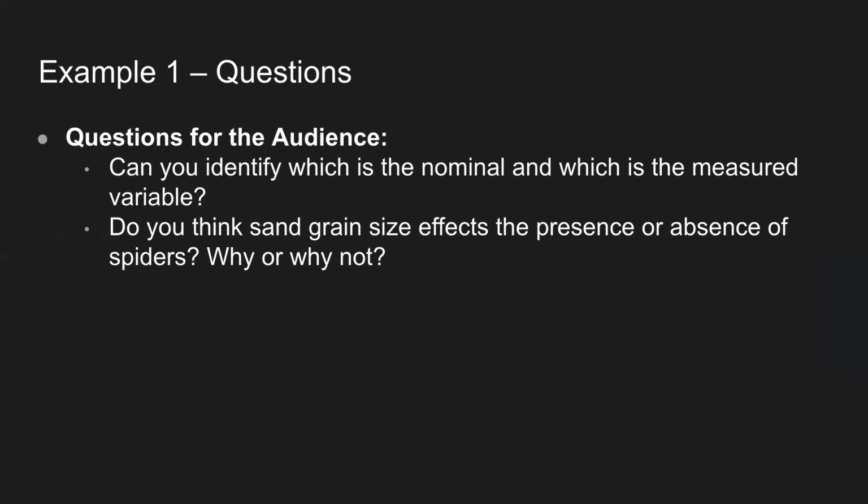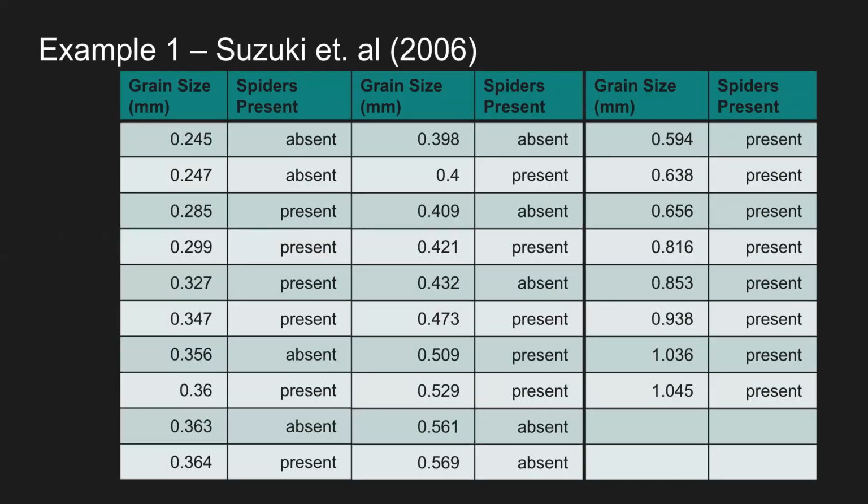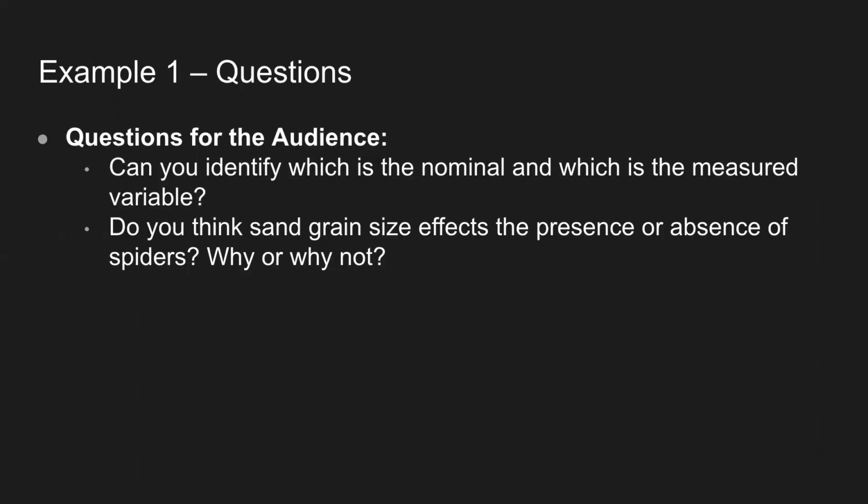Okay, I'll explain the second one a bit further, but for the first one, the nominal variable is whether there are going to be spiders there or not, and the measured variable is the sand grain size. For the second one, I'll go through whether the sand grain size does or does not affect spiders being there.